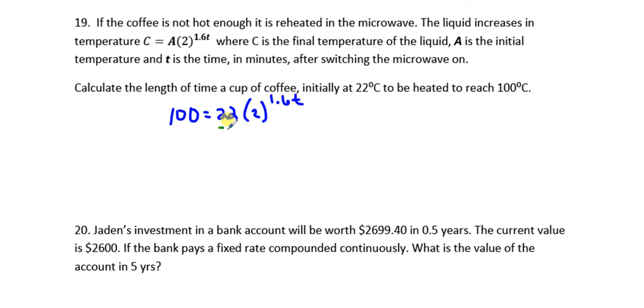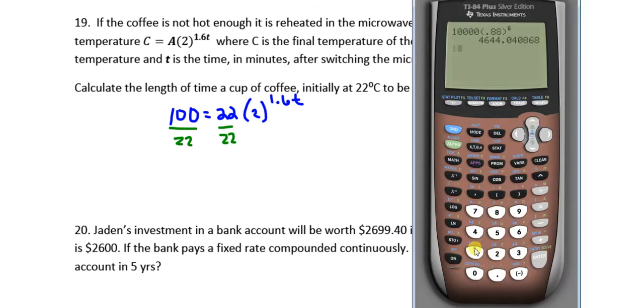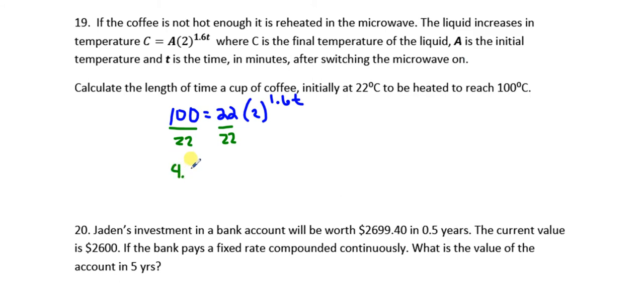We'll divide by 22. And what's 100 divided by 22? 4.545. 4.545 equals 2 to the 1.6.